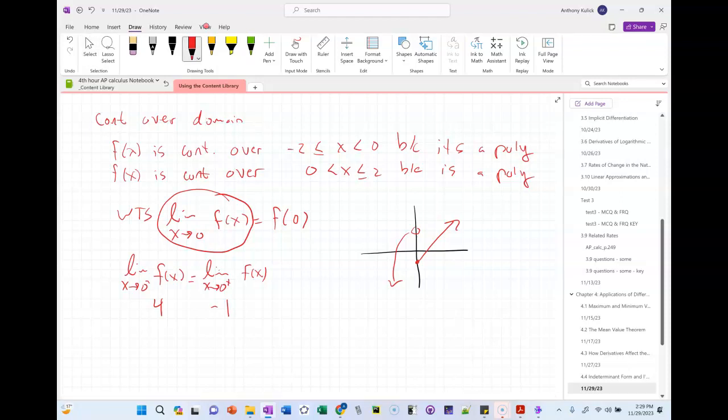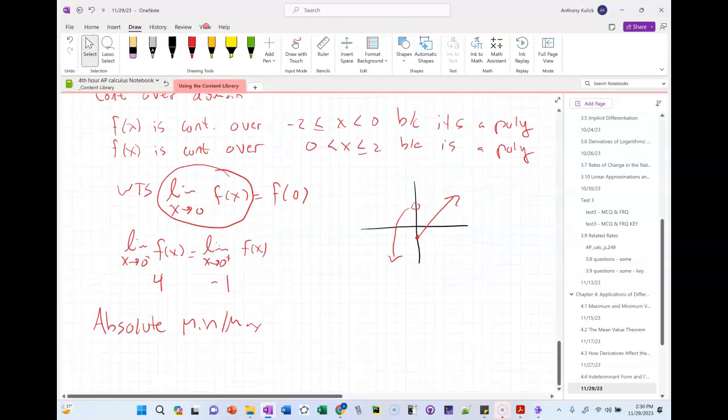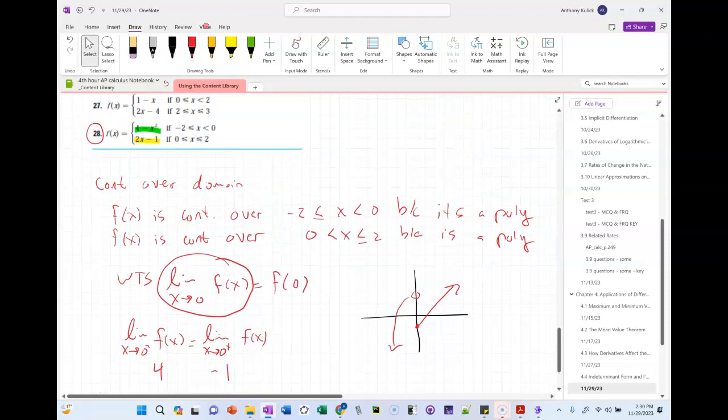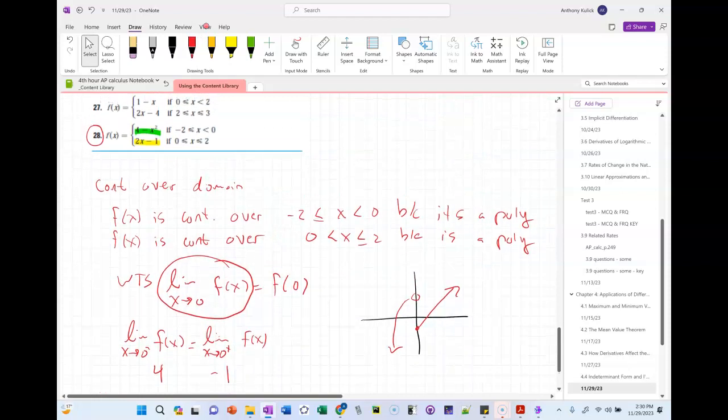What if I want to find the absolute maxes and mins for f? Well, I'm going to need to take the derivative. So to differentiate f, I'm just going to differentiate each piece, right?